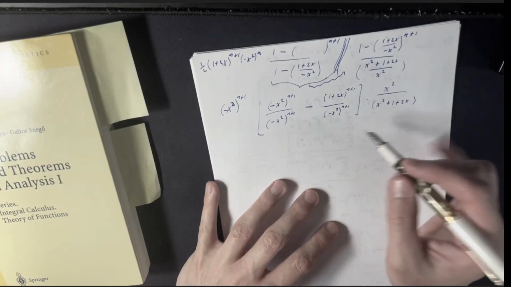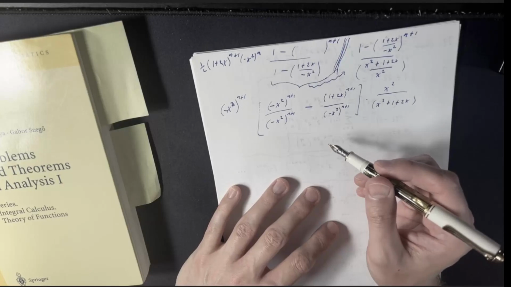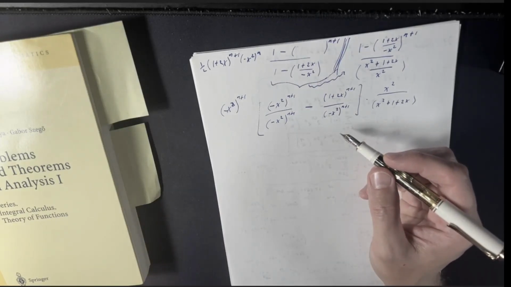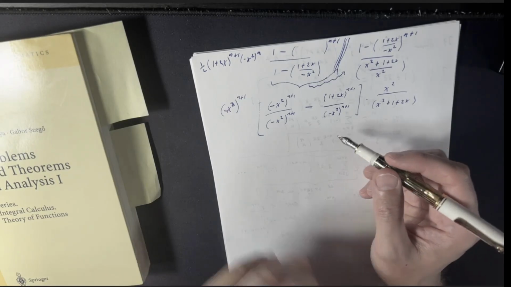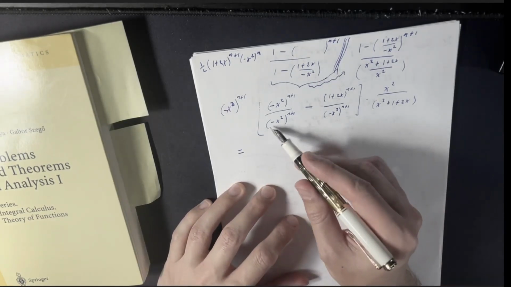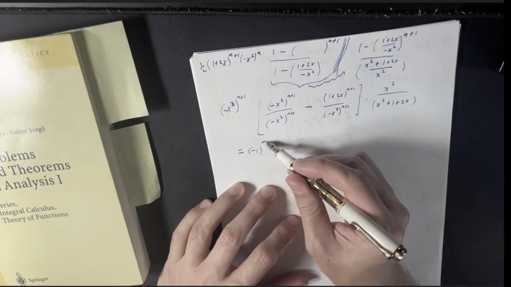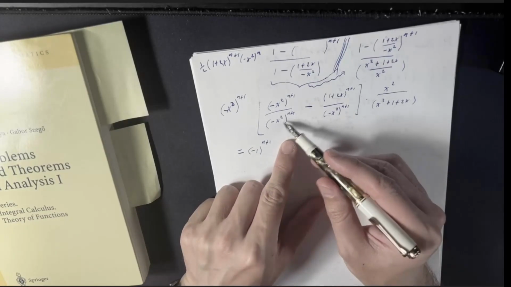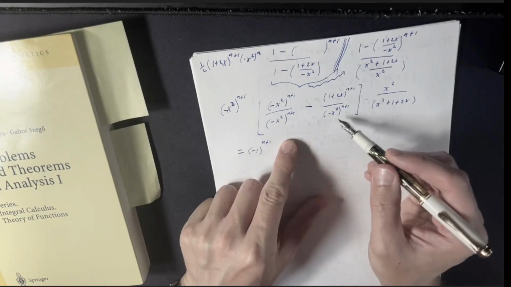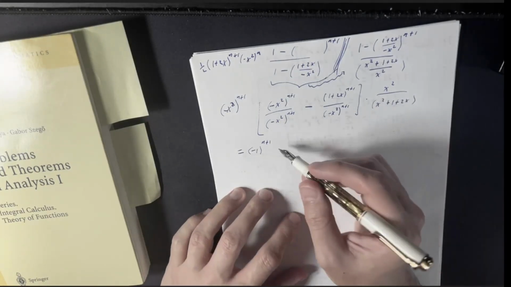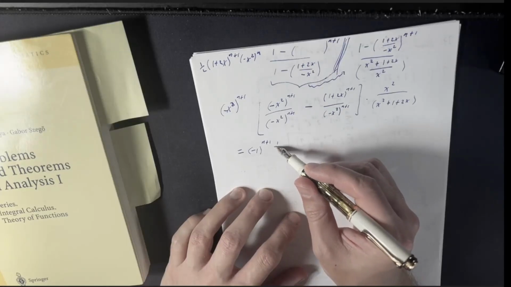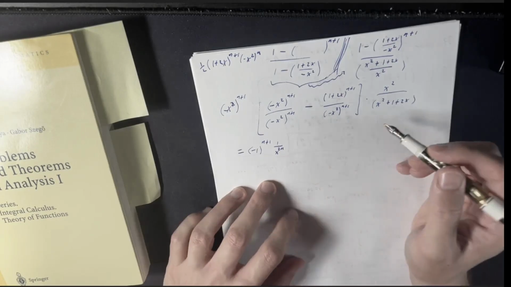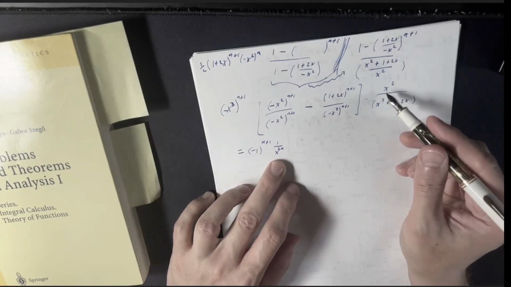So we've got a negative floating around, which I'm going to get rid of now. We've also got x to the 2n plus 2 downstairs, but there's an x squared upstairs. So I guess I'm going to write it like 2n. That takes care of that.